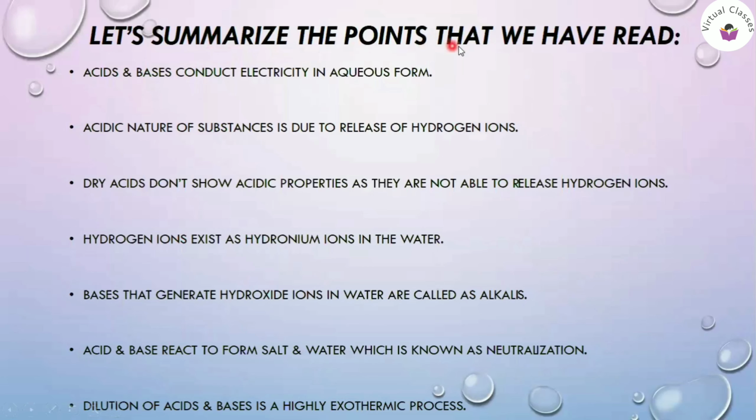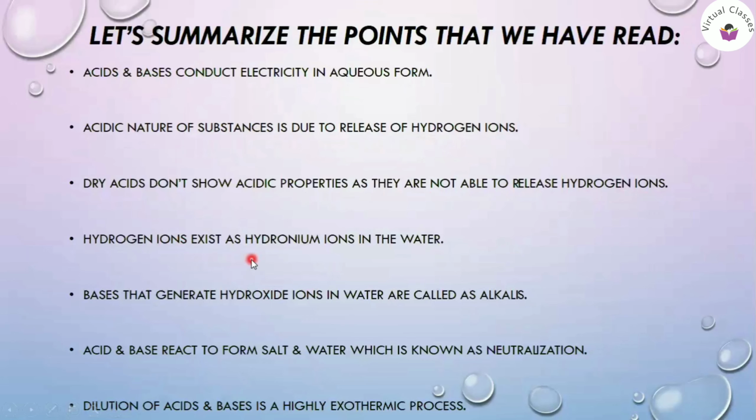Now let's summarize the points that we have read. First, acids and bases conduct electricity in aqueous form. The acidic nature of substances is due to the release of hydrogen ions. Dry acids don't show acidic properties as they are not able to release hydrogen ions.